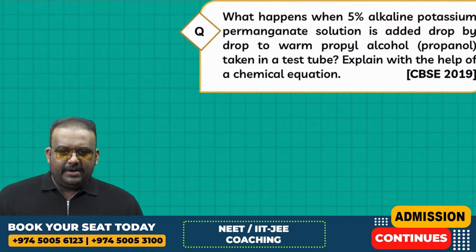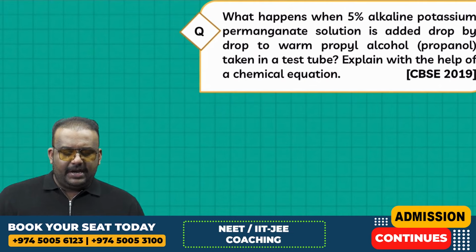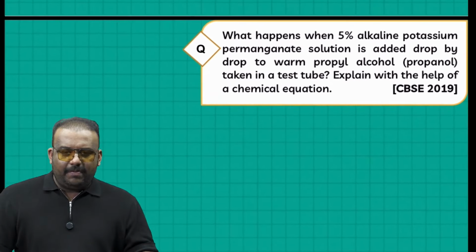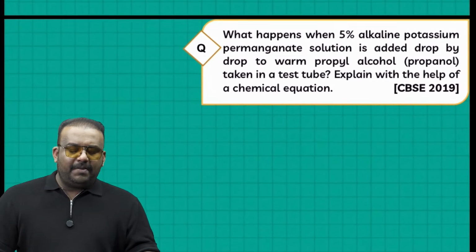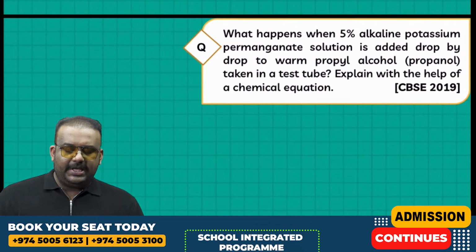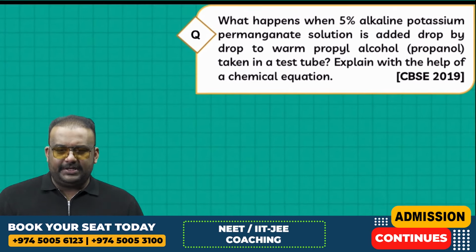What happens when 5% alkaline potassium permanganate solution is added drop by drop to warm propyl alcohol taken in a test tube? Explain with the help of a chemical equation.